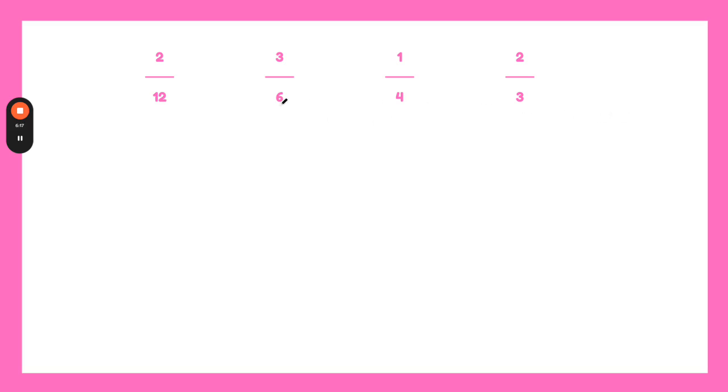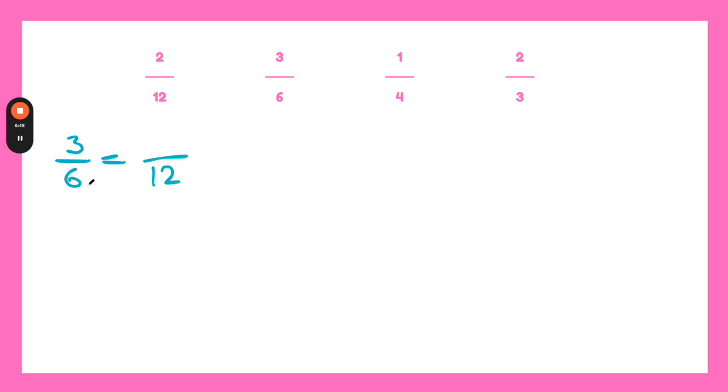Taking 3 over 6 to start with, it's equal to some fraction with denominator 12. We need to find what operation we do to our denominator to get from 6 to 12, and whatever that is, we must do to the numerator.